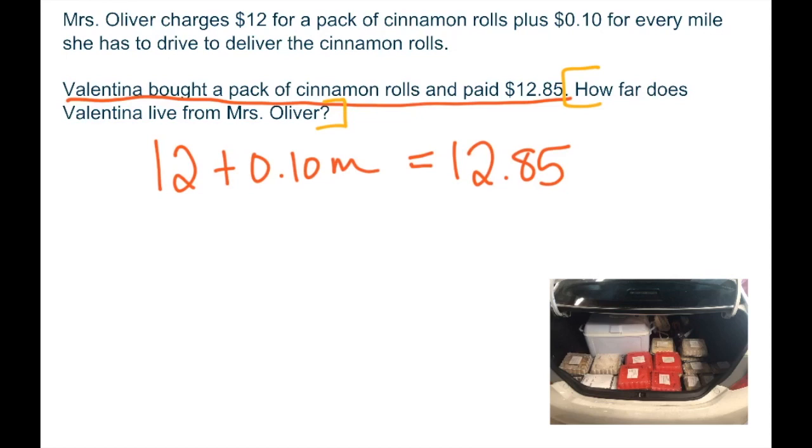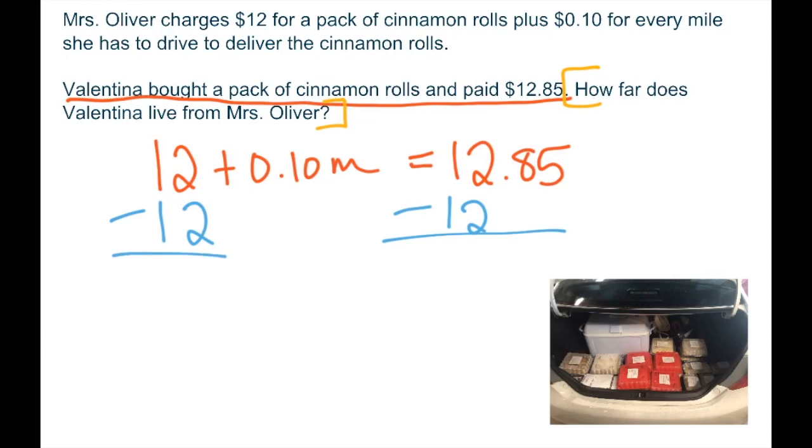To do this, the first thing we want to do is move whatever has no variable all to the same side, away from the variable. So if I'm looking at my left side of the equation, I see I've got this 12 that doesn't have a variable. And since it's a positive 12, I'm going to do the opposite of positive 12 and subtract 12 from both sides.